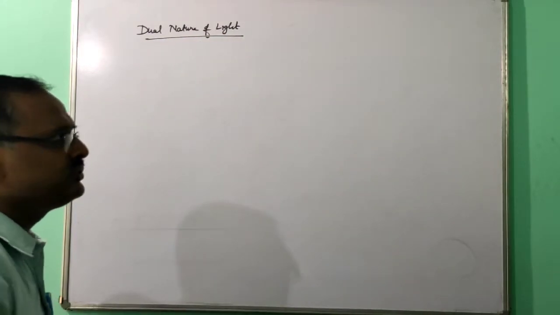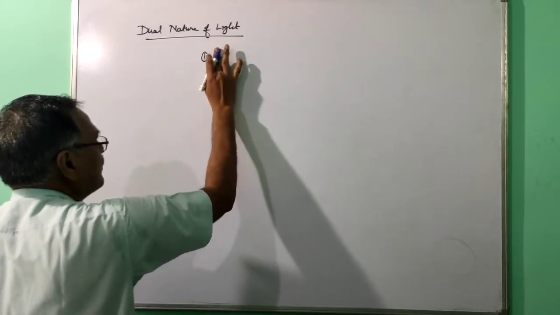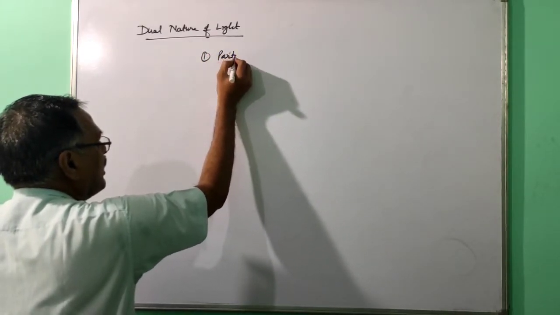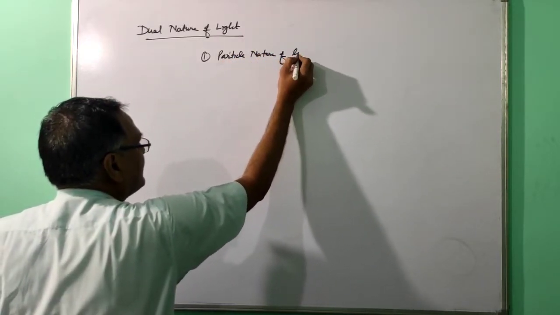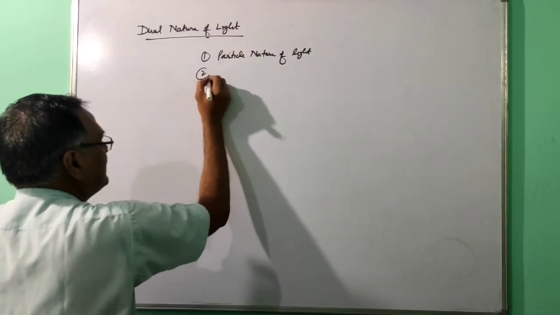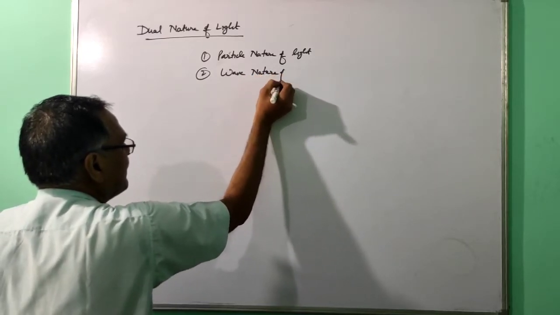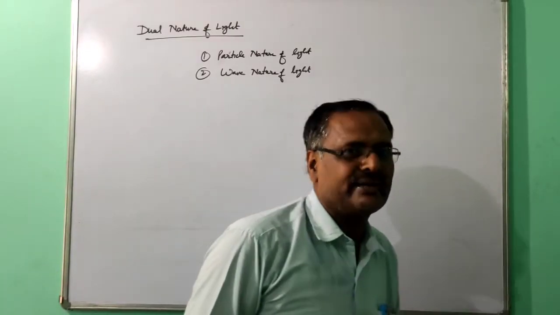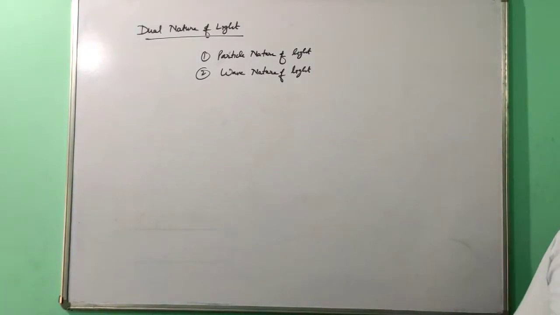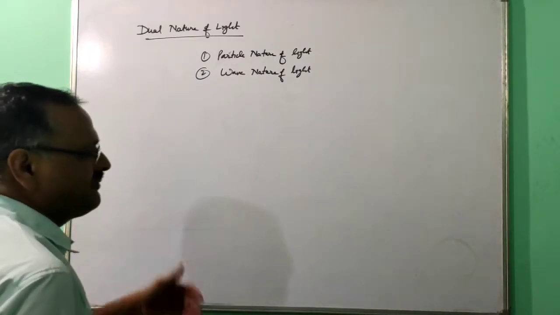Dual nature means two natures: the particle nature of light, and the second one, the wave nature of light. It means light has both characters. Particle means it consists of small particles. Wave means it consists of waves.